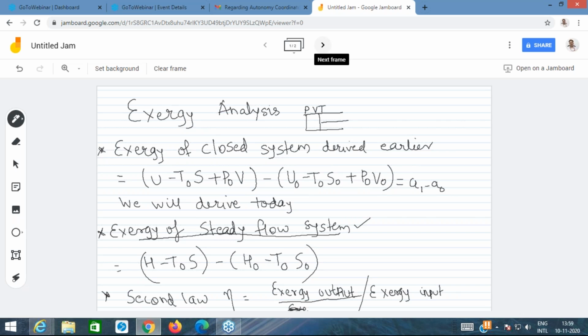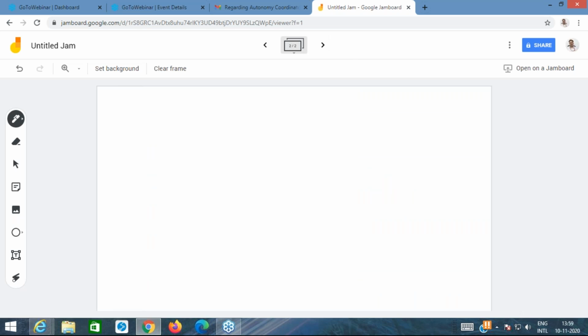Expression for exergy of a steady flow system. The expressions for available energy, or what is also known as exergy, of a steady flow system.